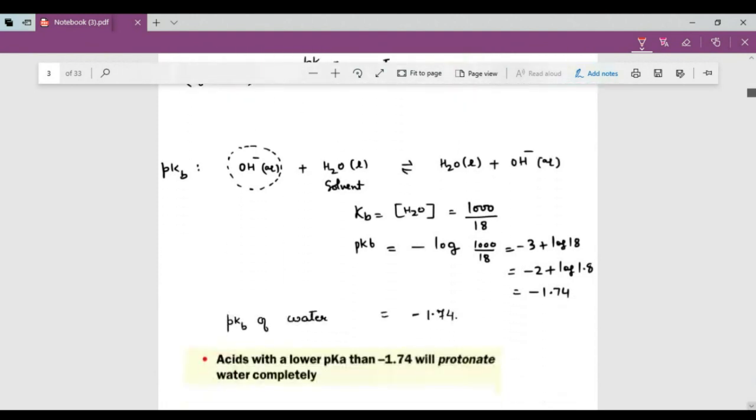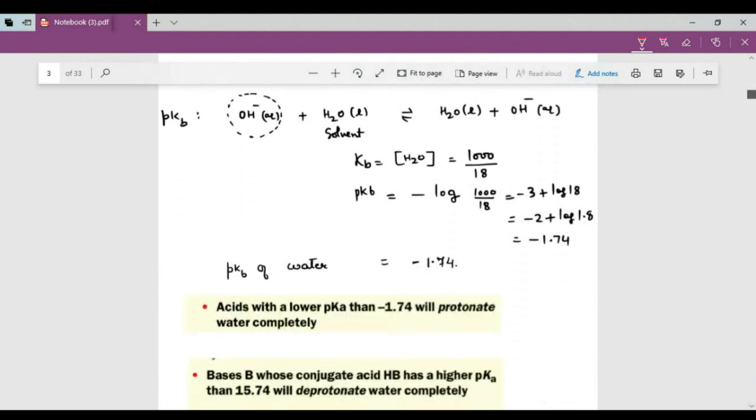Now, how do we calculate the pKb of water? For pKb of water, I can say OH minus is acting as a base. Solvent is water. Doing the same process again, when this will accept H plus from this solvent, it is forming H2O and releasing OH minus.